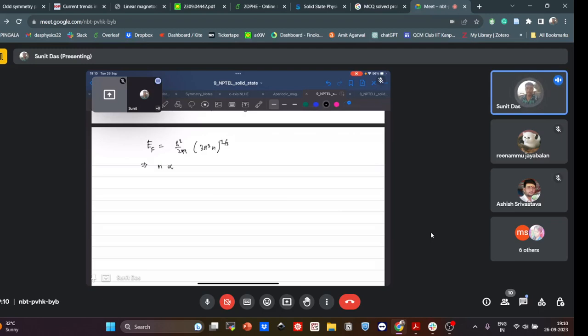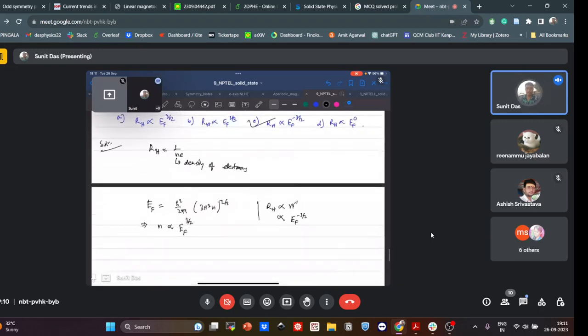So n is proportional to EF to the power 3 by 2. Then RH is proportional to n inverse. That means RH is proportional to EF to the power minus 3 by 2. Okay. So then C is the correct answer.